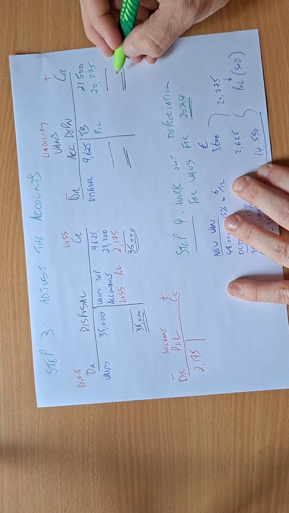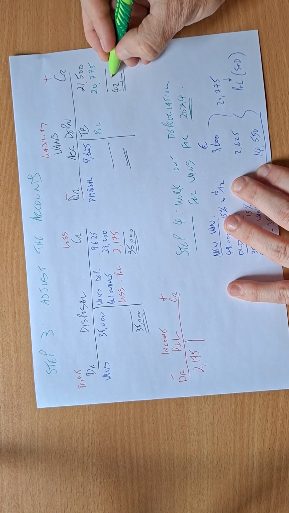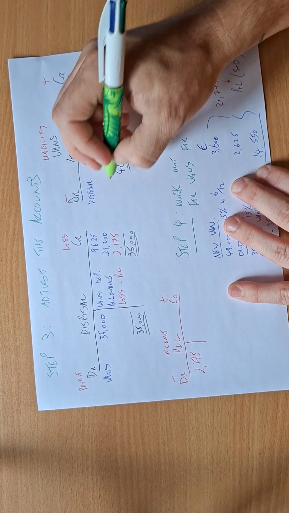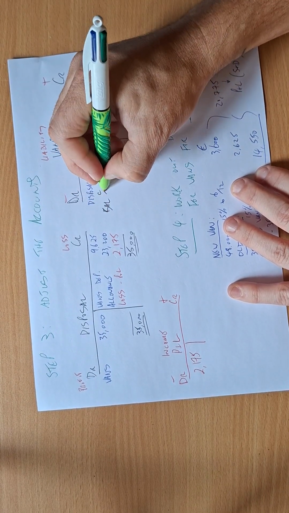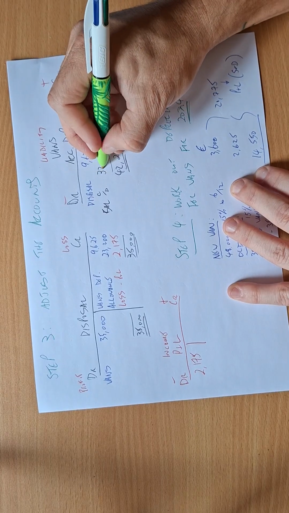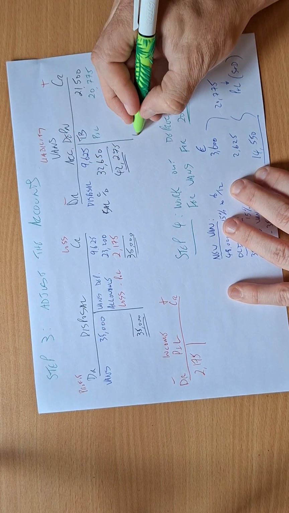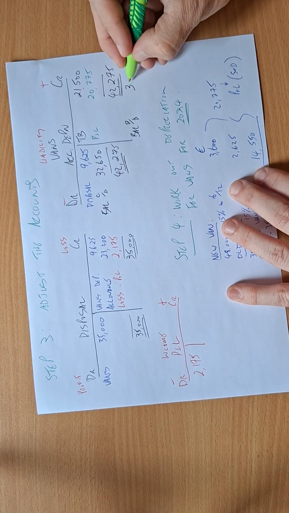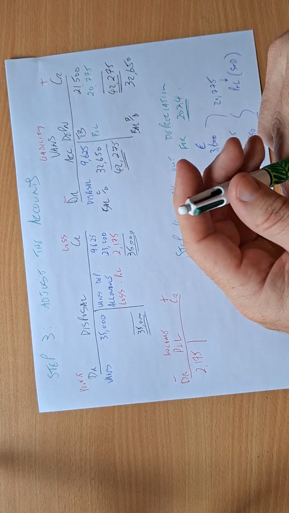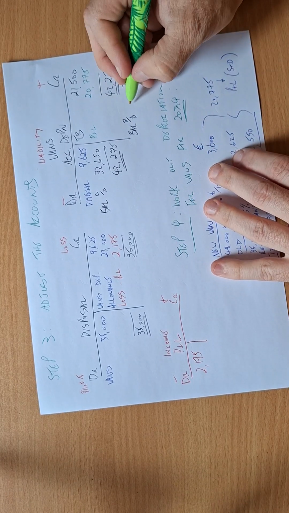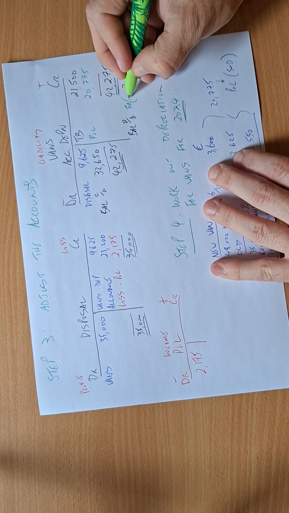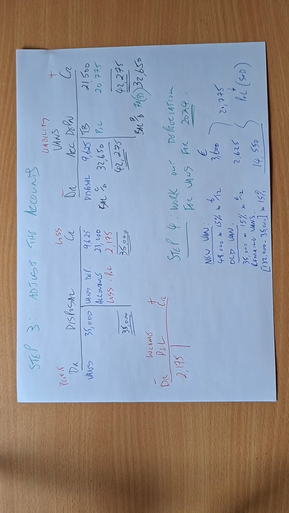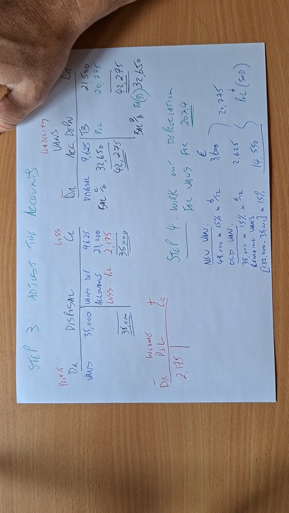I think that total is 42,275, so balance carry down is 32,650. Balance right down 32,650, and again, that will be going to our balance sheet, fixed assets. So that's it. There's your whole van adjustment.